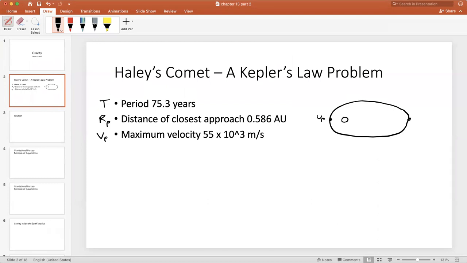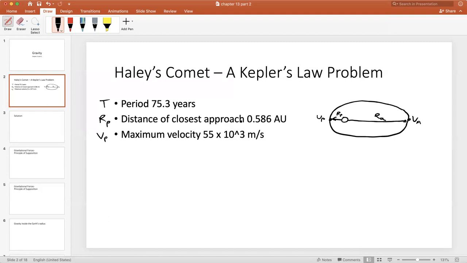That's what Kepler's second law, equal area in equal time, told us. So we want to know VA. We want to know RA. This is RP. And we want to know what its eccentricity is. Another thing to note is that we have our period in years and our radial distance in AU.